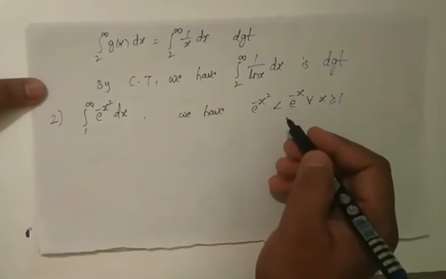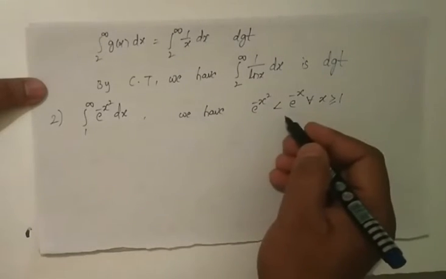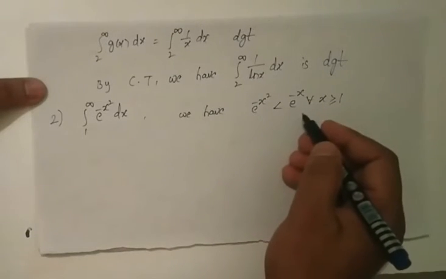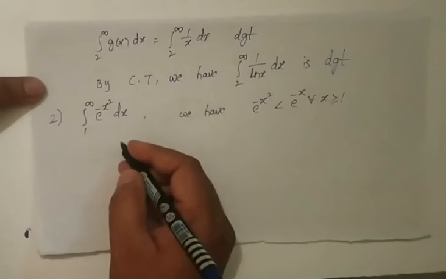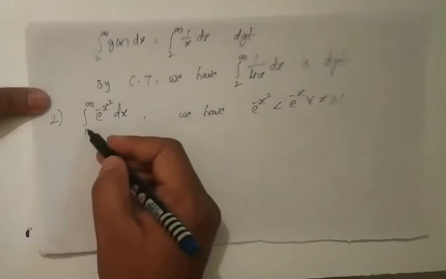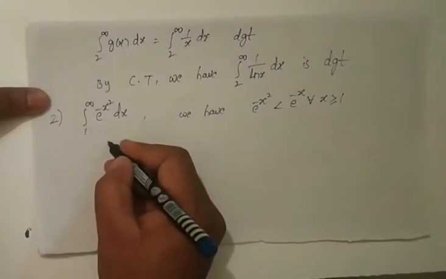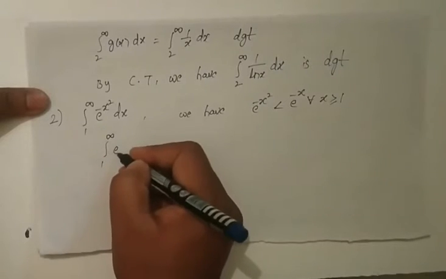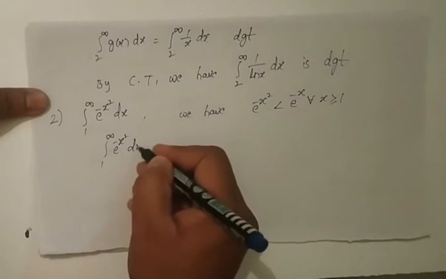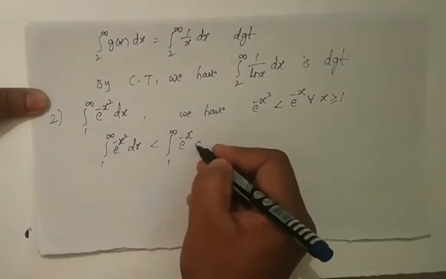Next, we have to apply the improper integral on both sides throughout this inequality. So here I am applying the improper integral from 1 to infinity throughout this inequality. We get the integral from 1 to infinity of e power minus x square dx less than the integral from 1 to infinity of e power minus x dx.